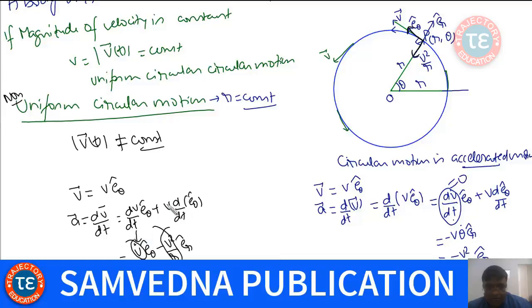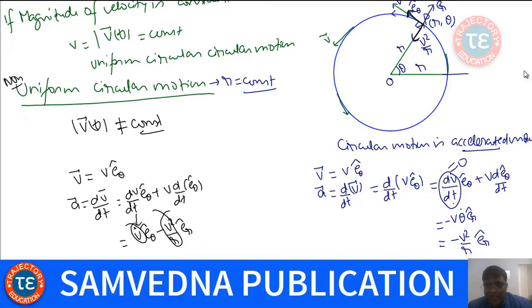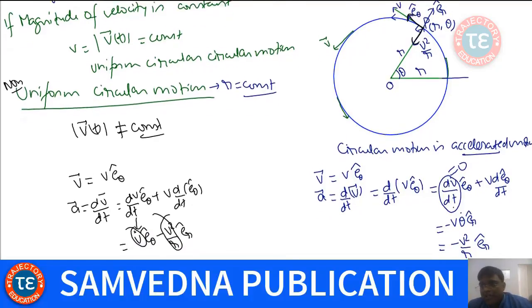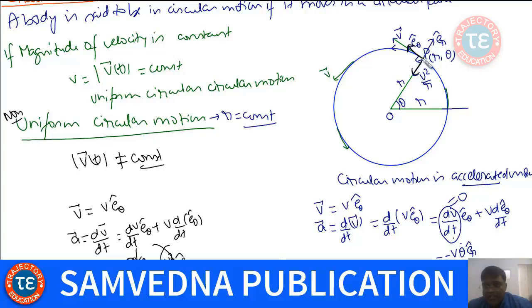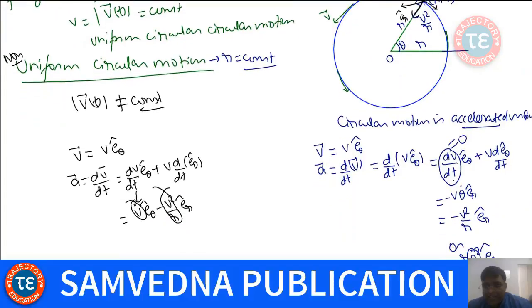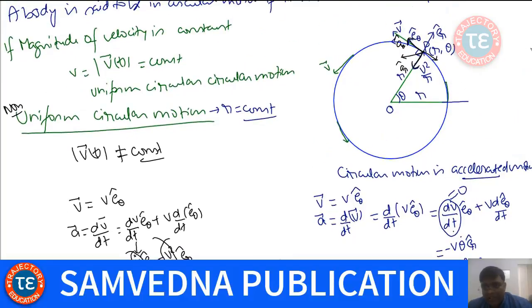If V is increasing in magnitude, the transverse acceleration will be in this direction. If V is falling in magnitude, the transverse acceleration will be in the opposite direction. The net of these two accelerations, transverse and radial, would be something like this, so the net acceleration will not be radially inward.